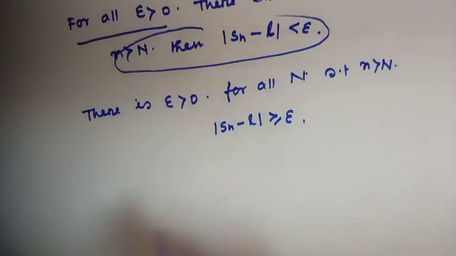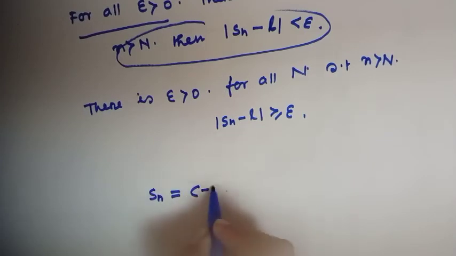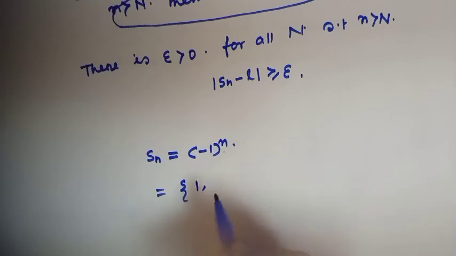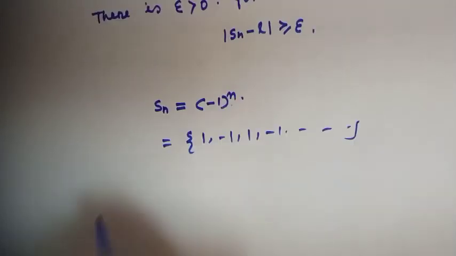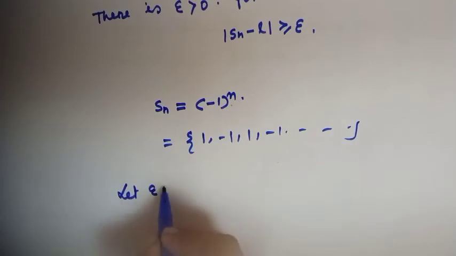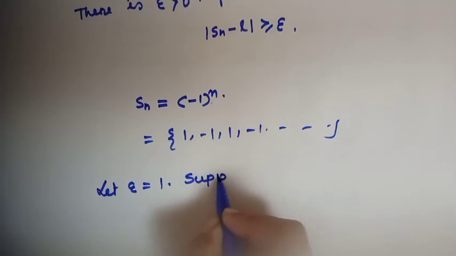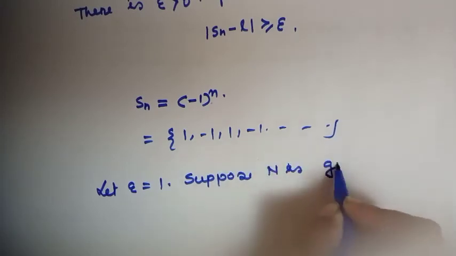Alright. Let's see the previous example. Sn equal to minus 1 to the power n. And the terms are 1, minus 1, 1, minus 1, and so on. Let us consider epsilon equal to 1. Suppose N is given.